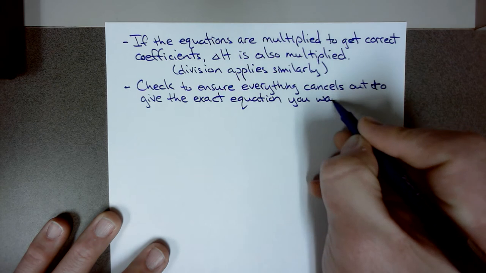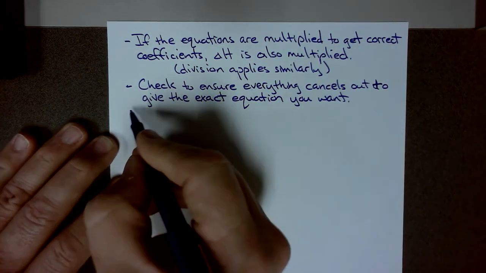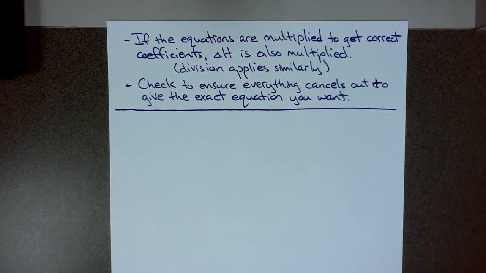So now what we need to do is do a couple of practices to make sure that we can do this. So let's do a practice problem right here. I'm going to use a couple of different colors and show you the process by which I do this.